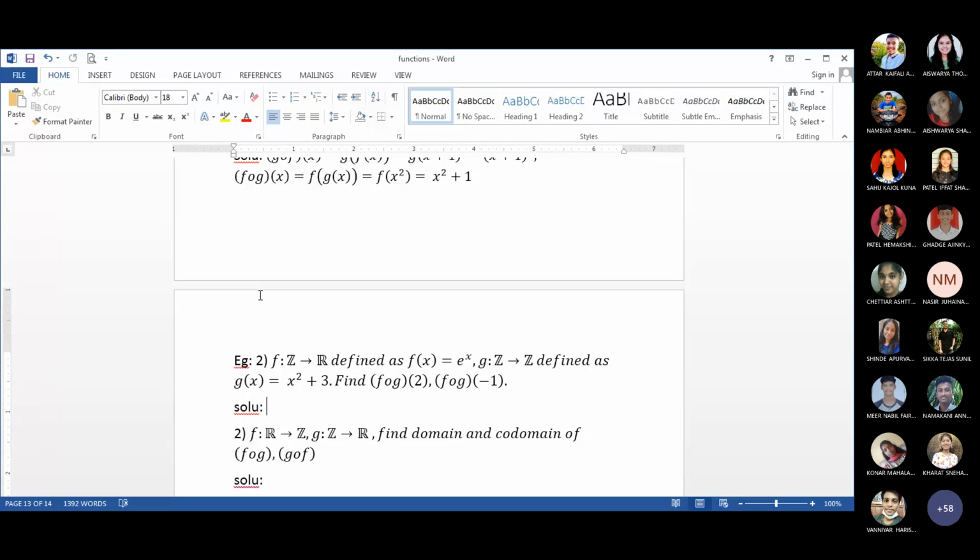G composed with F कब एग्जिस्ट होगा? जब F का कोडोमेन इज सेम एज G का डोमेन. बट वो प्रॉपर्टी यहाँ पे सेटिस्फाई नहीं कर रहा है, क्योंकि F का कोडोमेन क्या है? रियल नंबर्स. G का डोमेन क्या है? इंटीजर्स. तो वो कंडीशन सेटिस्फाई नहीं हो रहा है, तो यहाँ पे G कंपोज विद F एग्जिस्ट नहीं होगा.